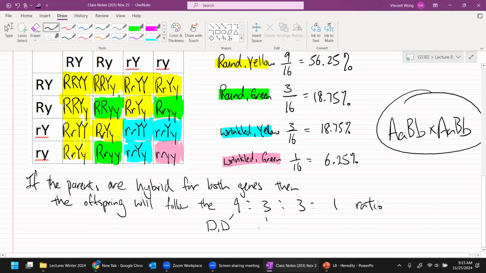For this one, it is going to be dominant for one and recessive for the other. And for this one, it'll be recessive for one and dominant for the other. So these are less common. And then the least common would be when both traits are recessive.